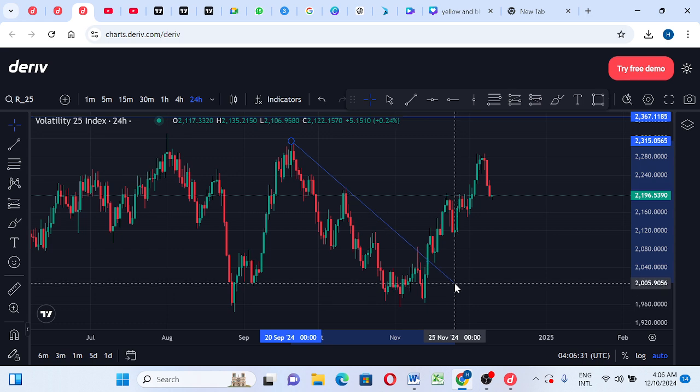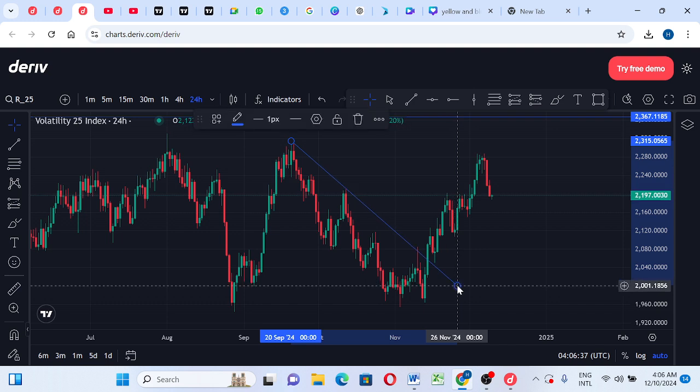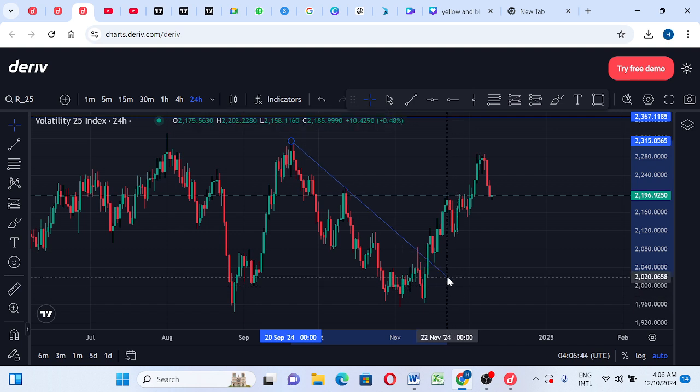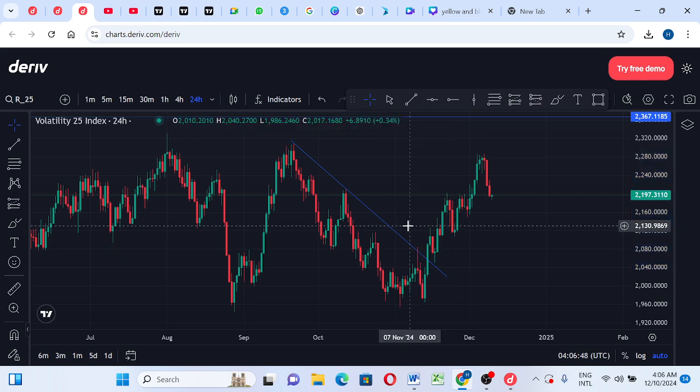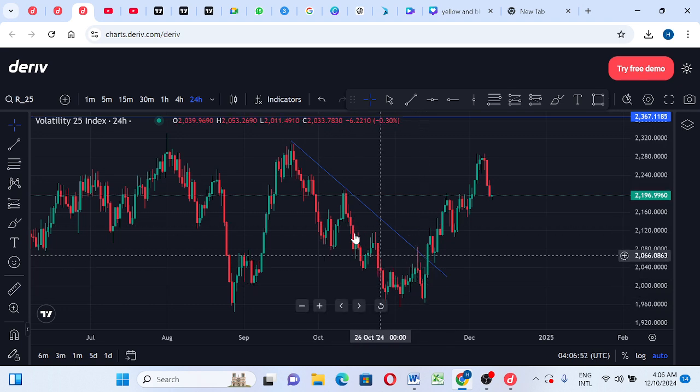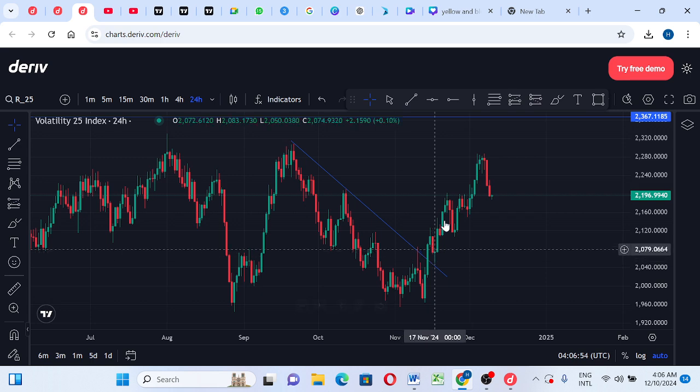So this was our break of trend line, which told us that we were actually in for a buy. You understand? So it simply told us we were in for a buy. So taking this actually gave us possibilities for buys to the upside.